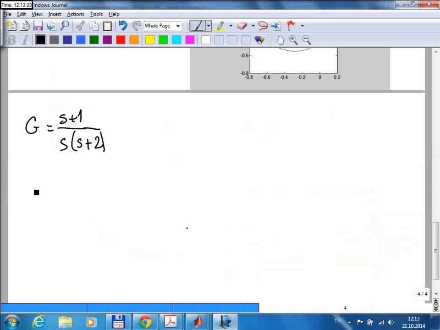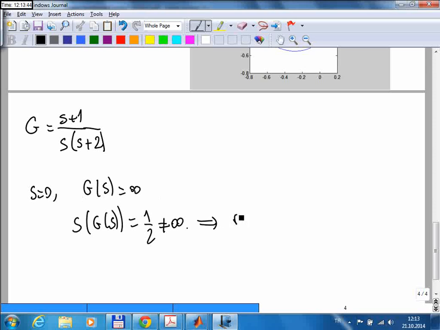And for the pole at s is equal to 0, the value of the function is infinity, but the value of the function times s is 1 over 2, right? And it is not infinity. So that means r is 1 for that pole. So this is a single pole. It doesn't have any multiplicity.